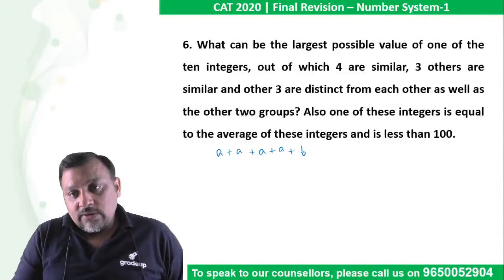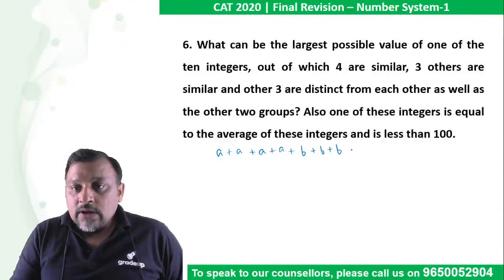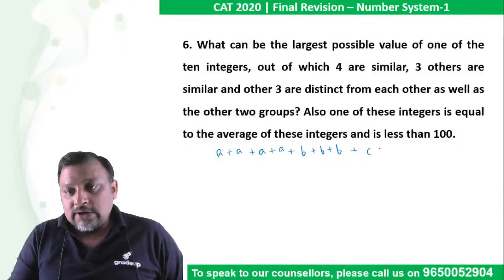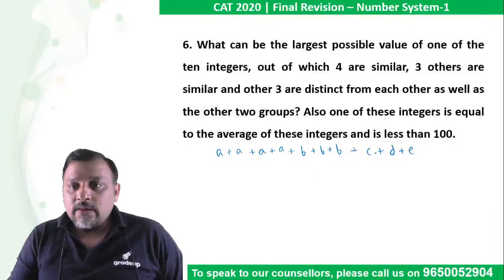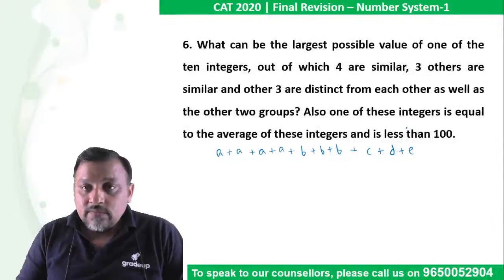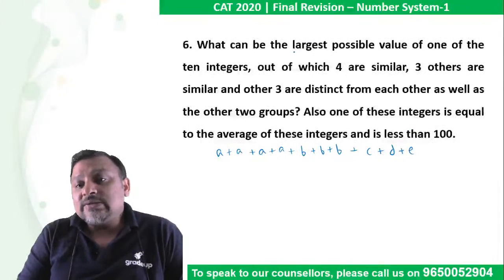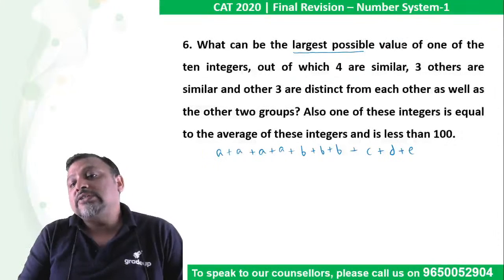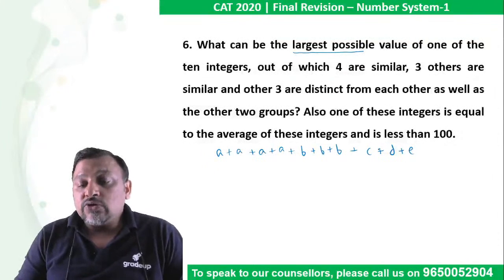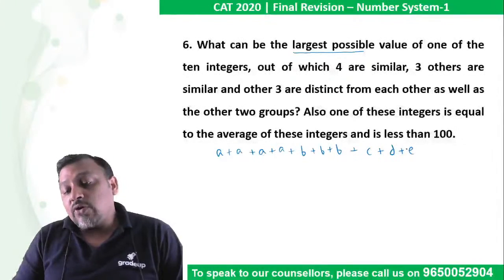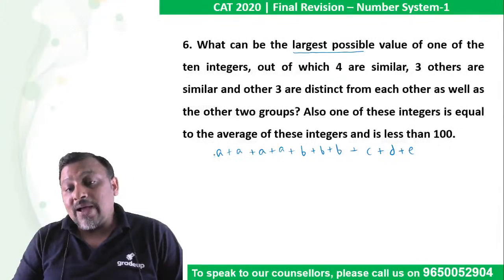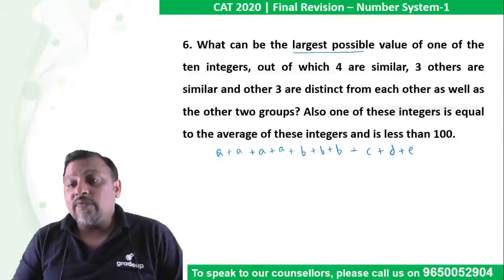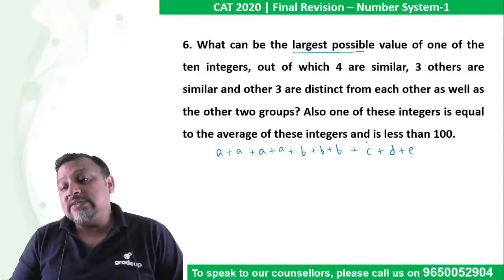Then we have 3 numbers again similar, and then the rest 3 are distinct. So let the 3 distinct numbers be C, D, and E. Since I need to maximize one of the numbers, the largest possible value of one of the 10 numbers, can we say that number has to be one out of these 3? Because if I maximize A, then we have 4 A's. So I cannot maximize the value of A as much as I can maximize the value of C.